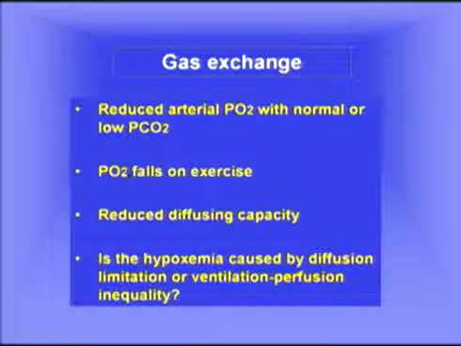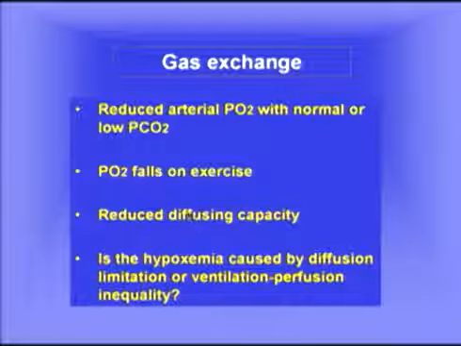A feature of these patients is that the arterial PO2 often falls on exercise. That's an interesting feature. And another feature is that the diffusing capacity is always reduced. This actually can be a useful diagnostic point, because sometimes a patient will come in, it's not always easy to diagnose diffuse interstitial pulmonary fibrosis, and sometimes there's some uncertainty about it.